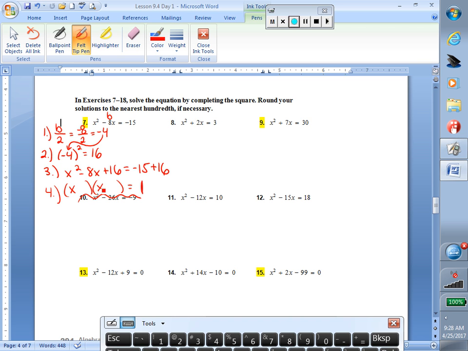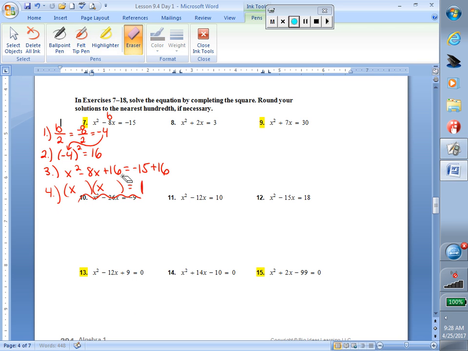So what you can do, if it helps you, we can do our factoring where we multiply to get, in this case it'd be 16, add to get -8, and we know we need to make a square.